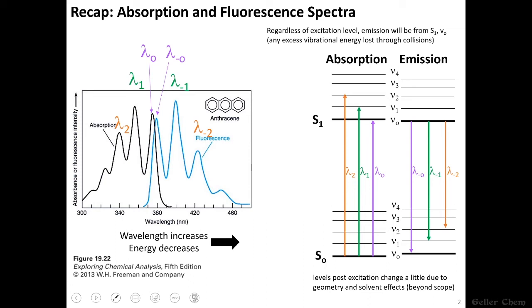And make sure you also note that those fluorescent wavelengths are all longer than the absorbed wavelengths. And you should be able to figure out why that is just by looking at these diagrams and understanding the processes that are occurring. If it's not clear, please ask about it in Zoom.